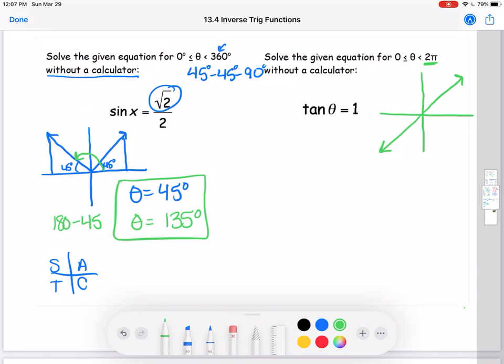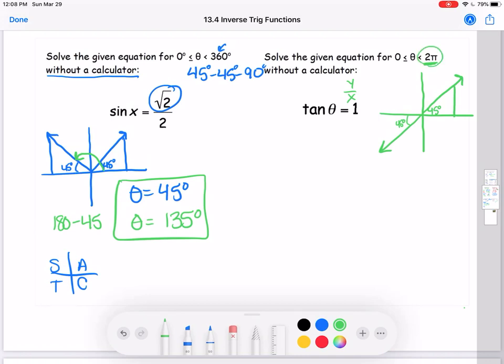If tangent is equal to 1, that means your y over x has to equal 1, and y and x both have to be the same thing. Again, with your special triangles, the only triangle that has two sides the same length is a 45, 45, 90 triangle. So we have our 45-degree angle here, and we also have another 45-degree angle down here.